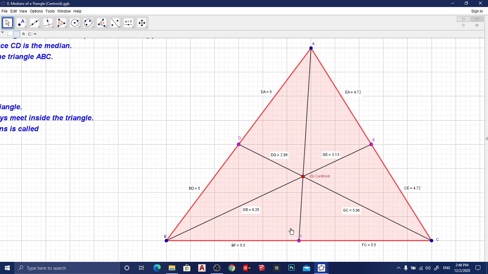So in any triangle, since three vertices exist, you can draw three medians. This is one of the medians, drawn from vertex A to the opposite side.